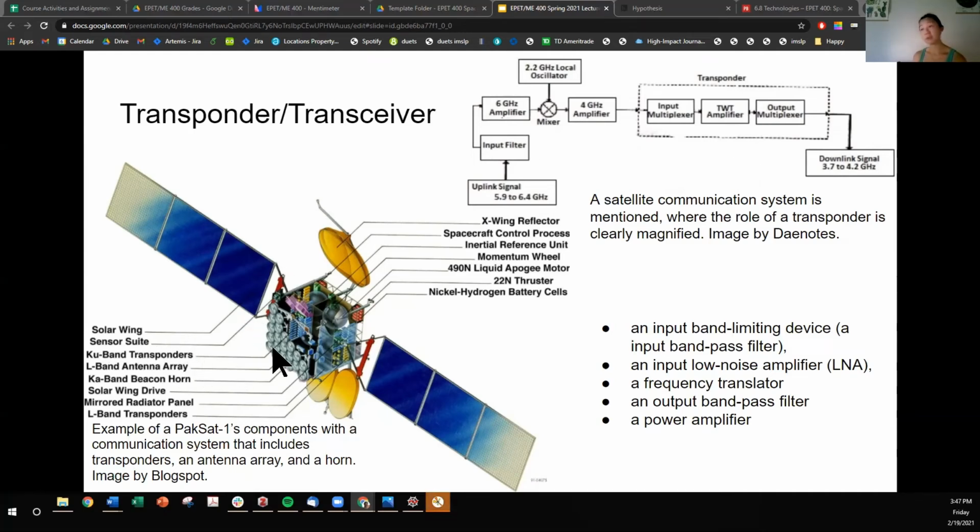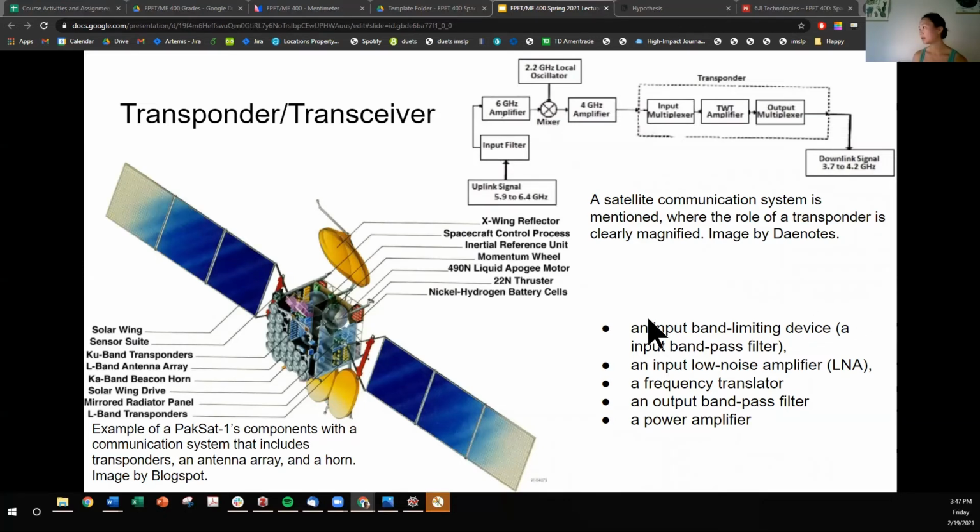There can be multiple transponders and antennas on a spacecraft, as you probably have noticed from a previous picture, where different transponders and antennas can focus on different bands of frequencies. This can be because your receiving is different from your transmitting.